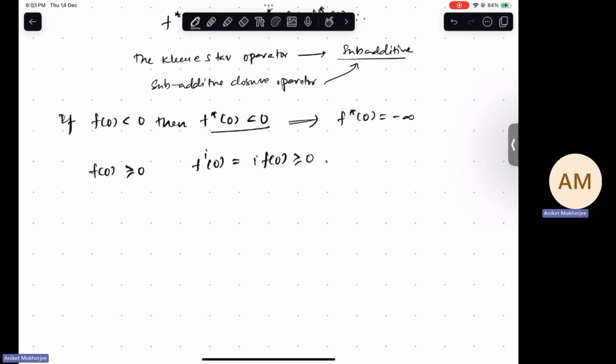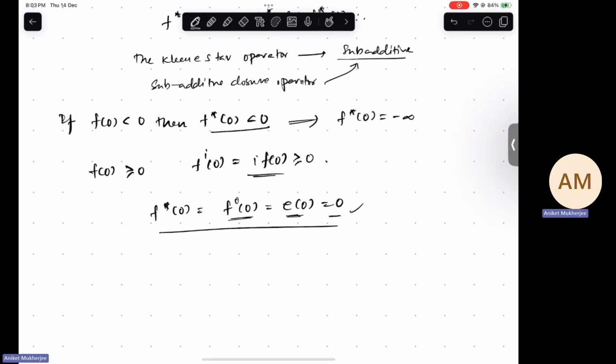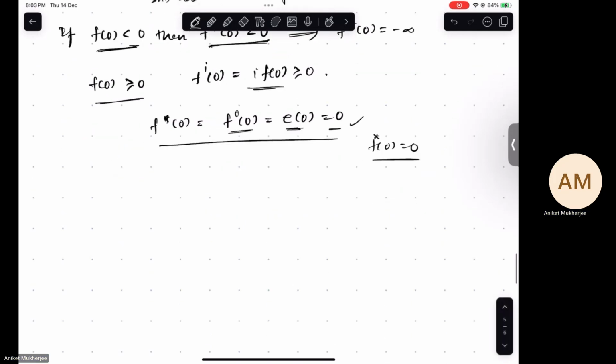Right? For this to happen, now f star(0) equals f(0), which is 0. Because these will keep on increasing, so you'll be stuck at the 0th part, so it will be 0. So if f(0) is greater than or equal to 0, then f star(0) is 0. If f(0) is less than 0, then f star(0) is less than 0. Okay.